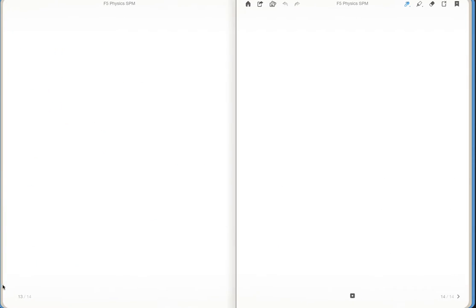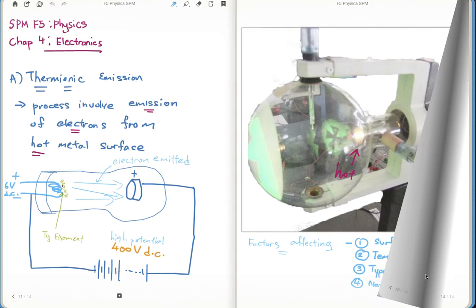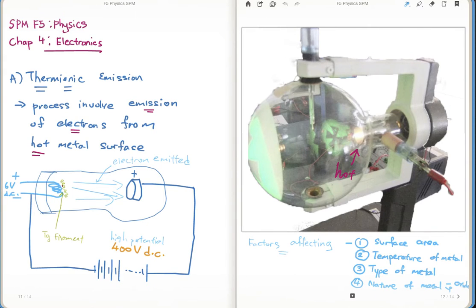If it were oxide, what happens? An oxide-coated surface is very hard, and it will be really hard to ionize. So you need to provide a very high potential difference in order to release an electron.